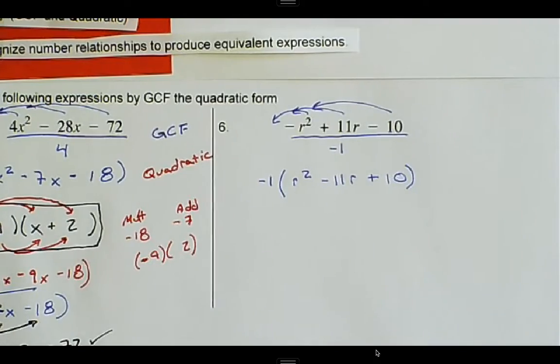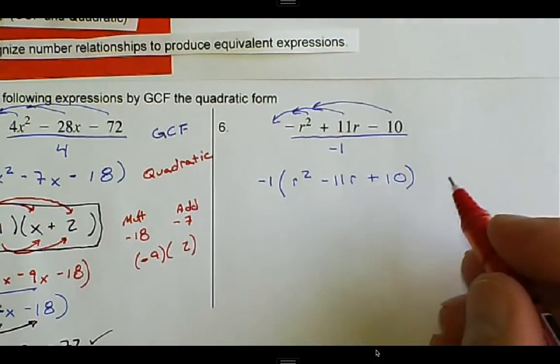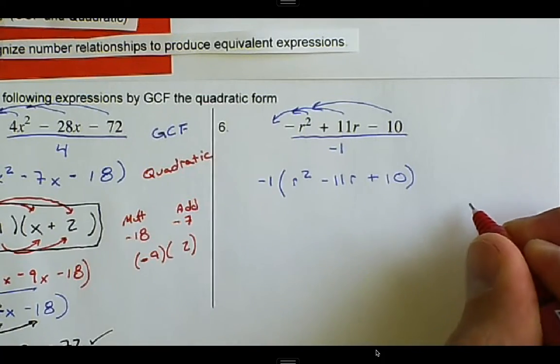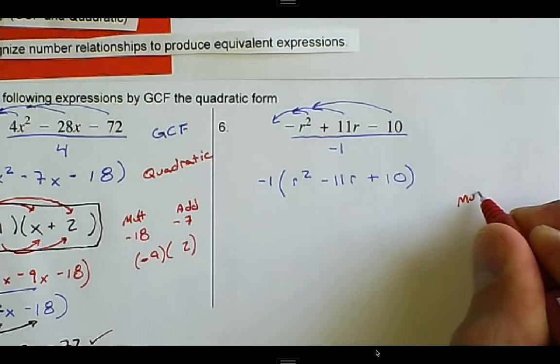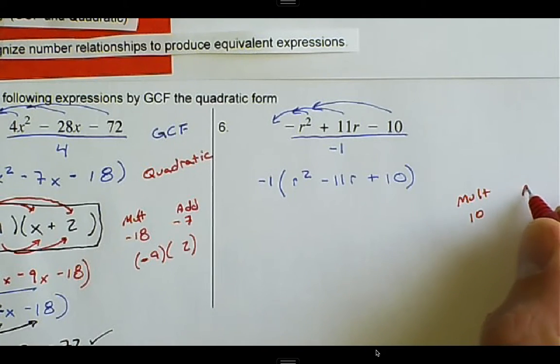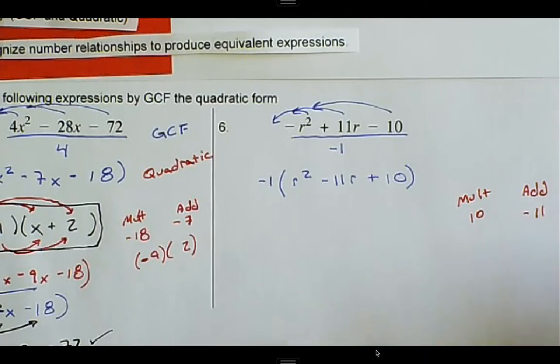So then we know that we have to have two numbers that multiply to positive 10 and add to negative 11. Okay, so when we do that, we know that we have numbers like 5 times 2, but if we think about 5 plus 2, that only gets us to 7.